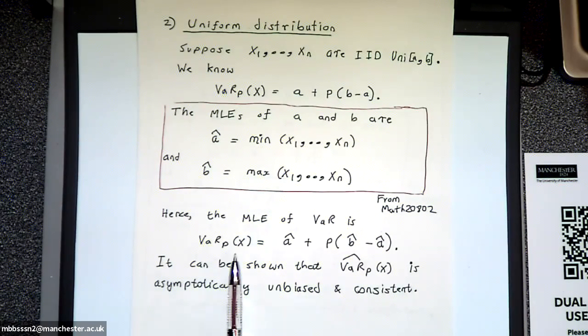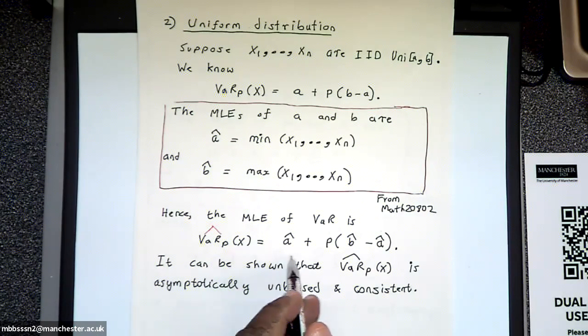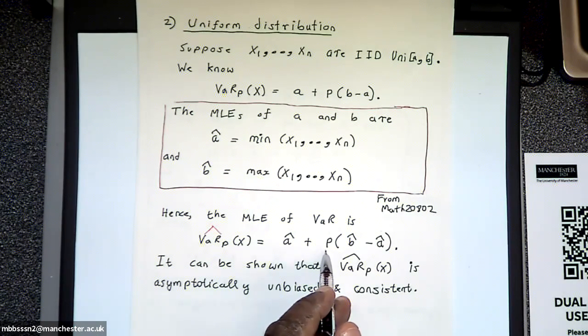So hence the MLE for VaR is a hat plus p times b hat minus a hat. Okay. All right, and it can be shown that this is asymptotically unbiased and consistent.